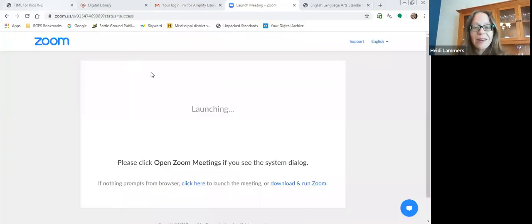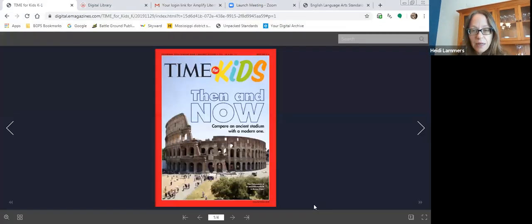We're going to read about a particular building or structure that was very popular in ancient Rome. If you read Under the Sea with me, you know that the word ancient means a very, very long time ago and not existing today.